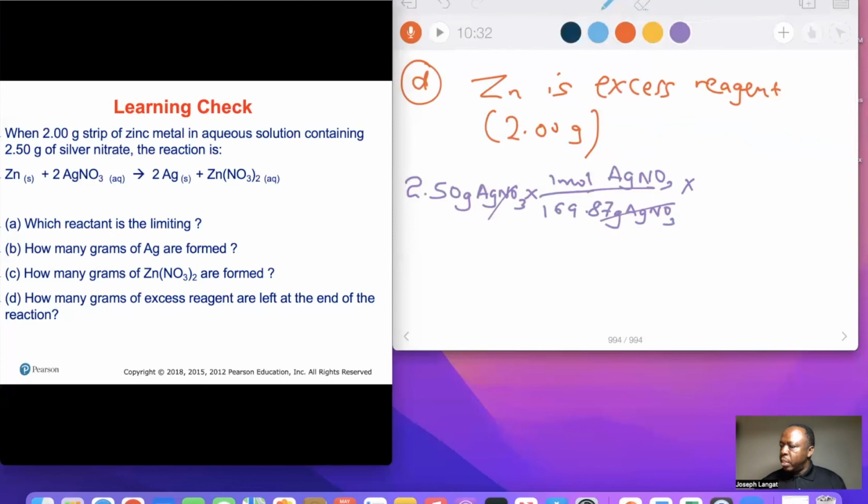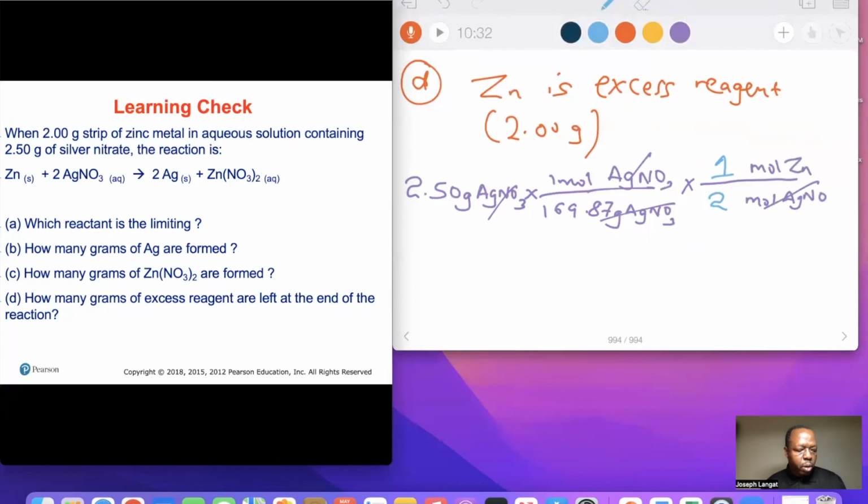Since we are looking at the excess reagent, we want to cancel out moles of silver nitrate. We want to find moles of zinc. From the balanced equation, for every 1 mole of zinc that is consumed, 2 moles of silver nitrate are consumed. So that will cancel out.